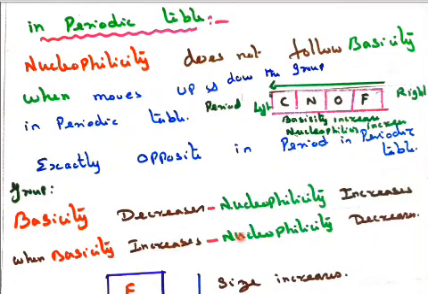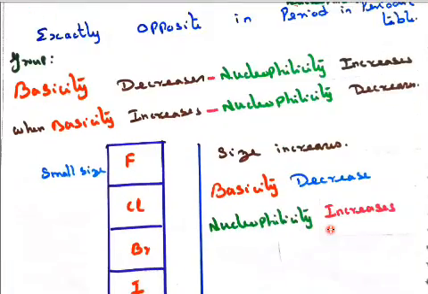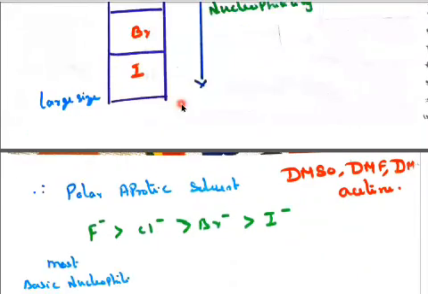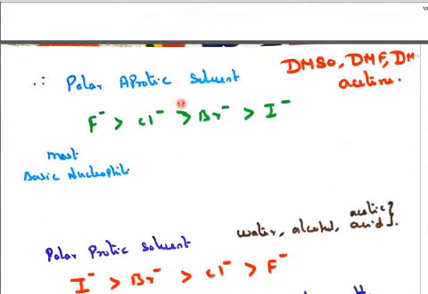When basicity increases, nucleophilicity decreases. For example, top to bottom: fluorine small, then chlorine, bromine, iodine, with electronegativities 4.0, 3.0, 2.8, 2.5. So size increases, basicity decreases, but nucleophilicity increases from top to bottom. It is just opposite in a period.